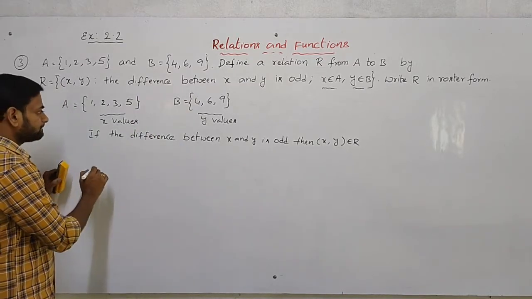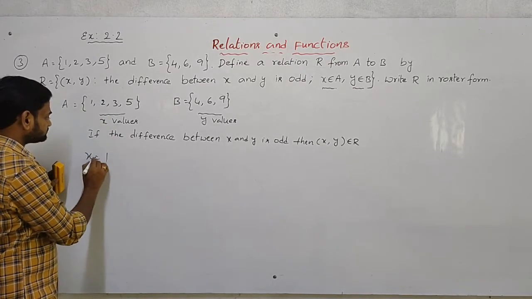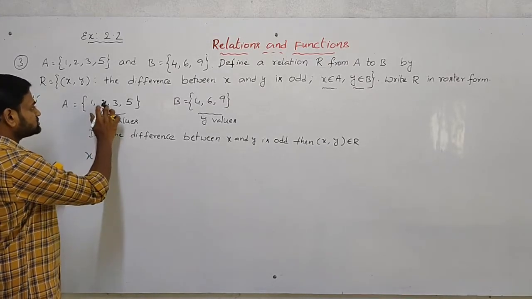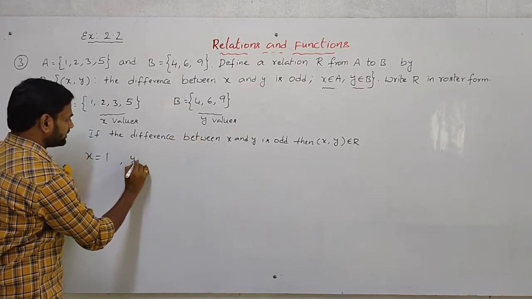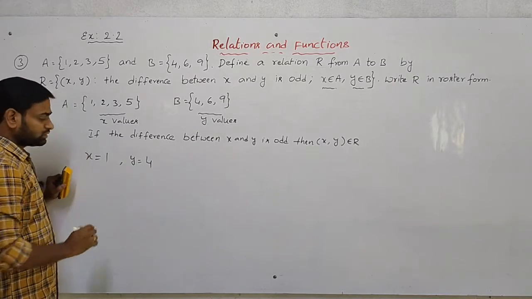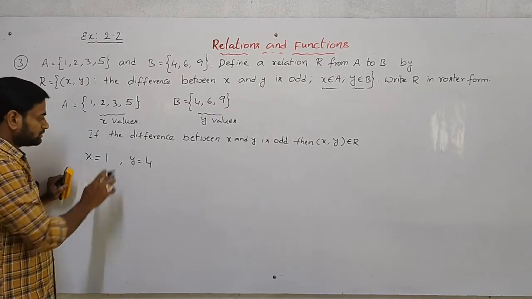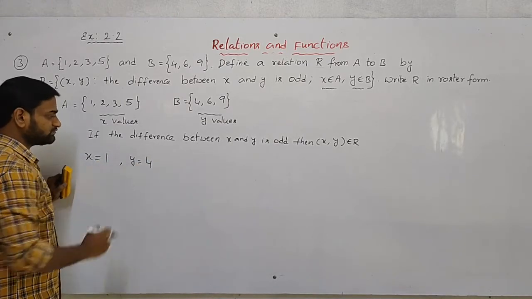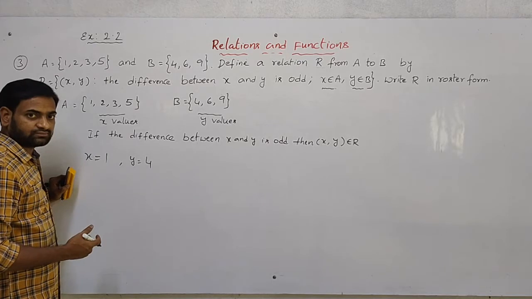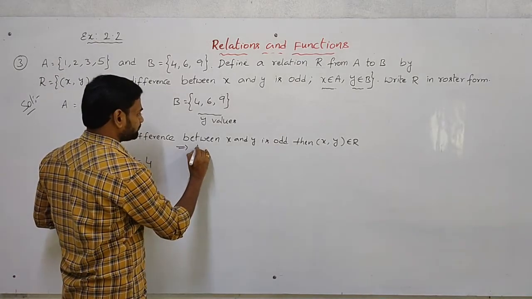Now see here. X value I am taking first, it is 1. Y value I am taking first is 4. What is the difference of these two? Difference is mod of 1 minus 4, that is 3. So I am writing clearly. Then implies, what is the meaning?